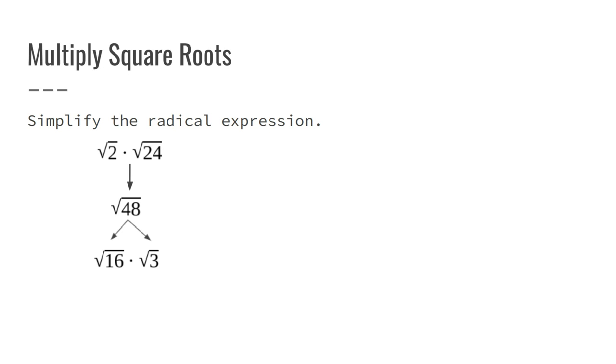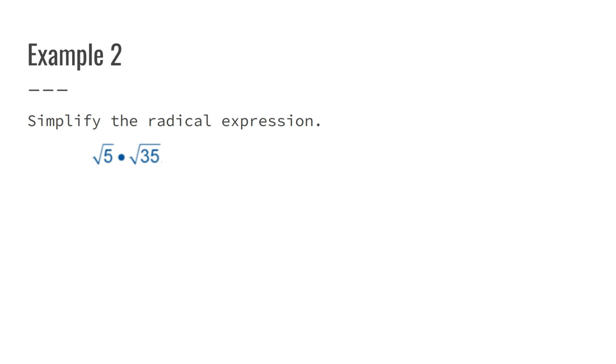You always want to make sure to use your largest perfect square. If you were to use 8 in this situation, or if you were to use 4 or a different number, it wouldn't come out to the simplest form. So always use your biggest, largest perfect square number, which is why you always want to work backwards. So this will become 4 times the square root of 3 once it's simplified.